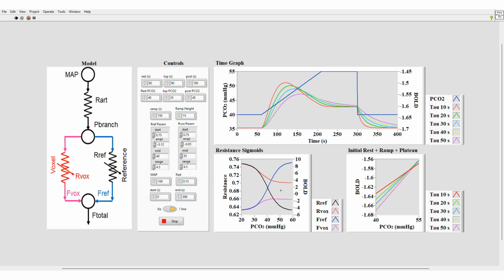The BOLD versus PCO2 response, the purple line, is now nonlinear, and the time course here shows an initial positive response, which becomes negative as steal occurs in the hypercapnic range.